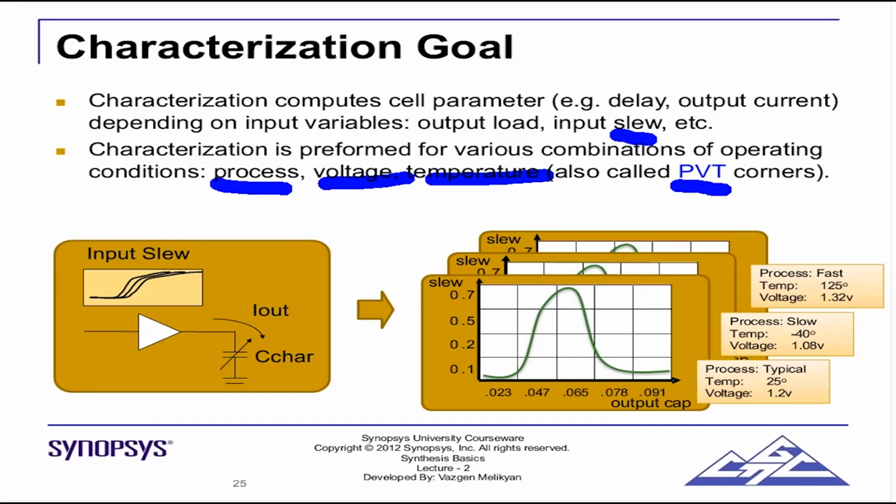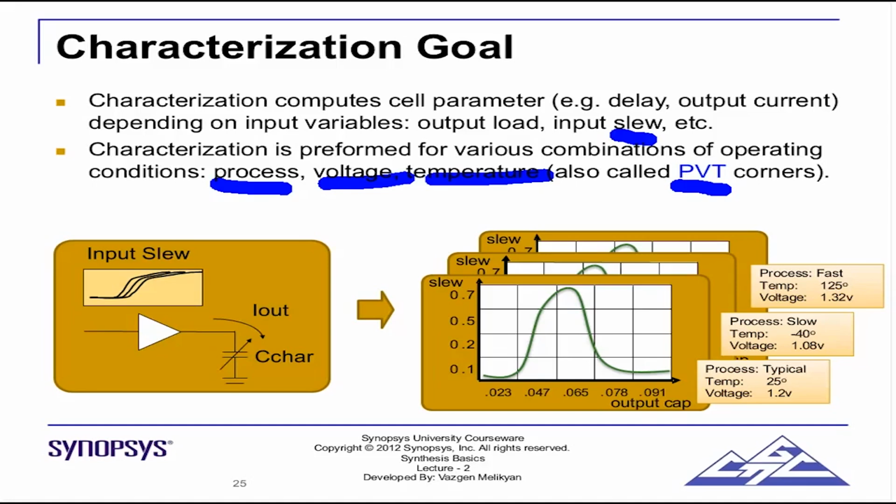Let's say we have 5 values of input slew and 5 values of output load. So for a particular PVT, we will have 5 cross 5, 25 output waveforms for each corner, for each cell, and for each combination of input and output.